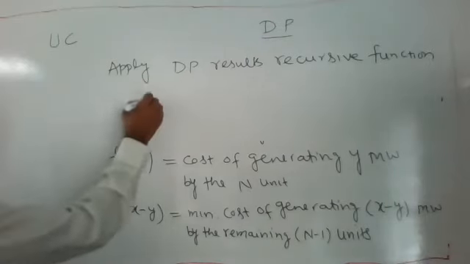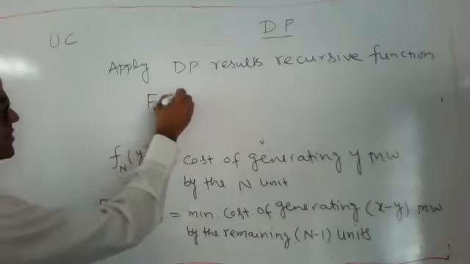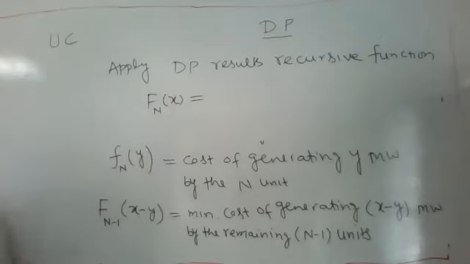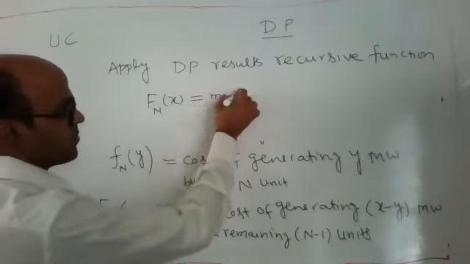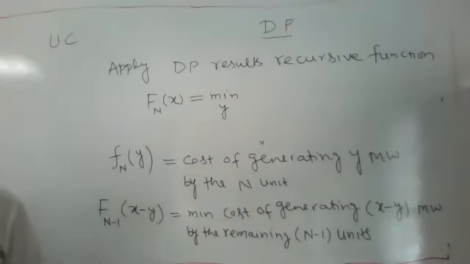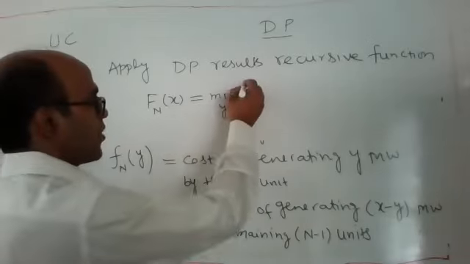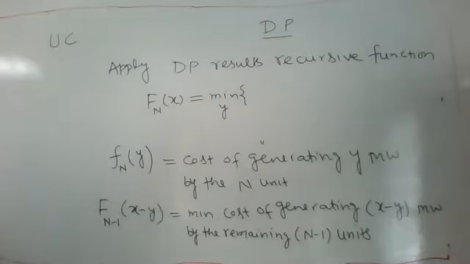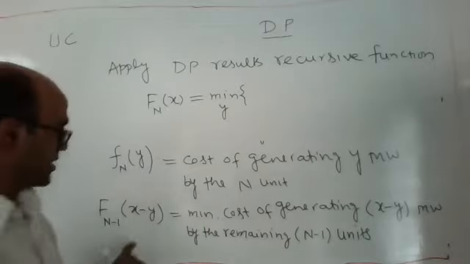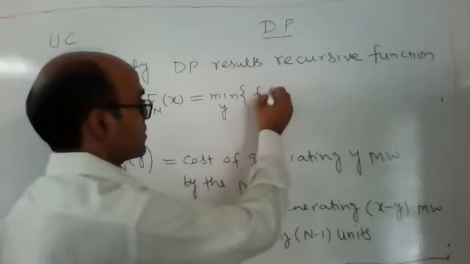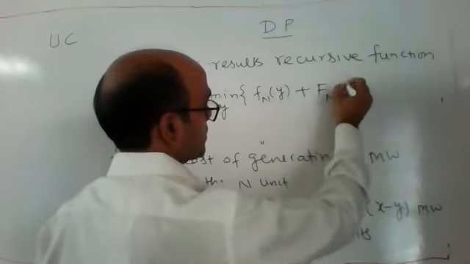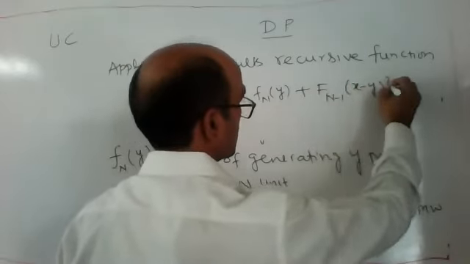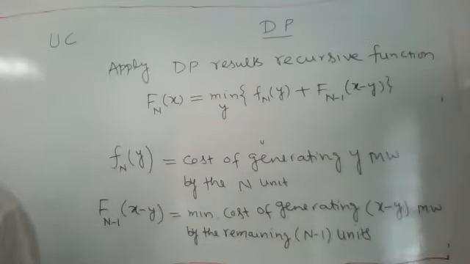This function is nothing but f_n(x) is the minimum, since y is a variable power, so we have to minimize over y megawatt, over the variable function plus this function f_n minus 1. So we have to minimize this function.